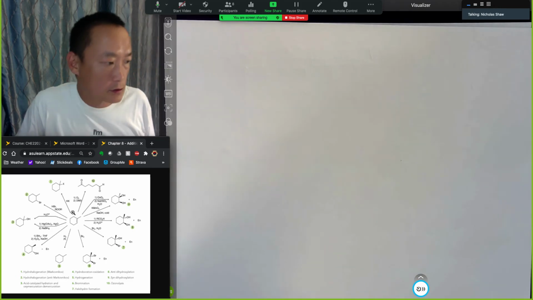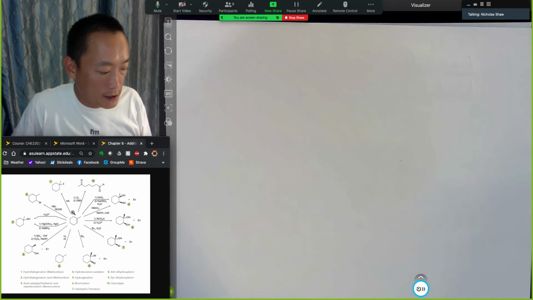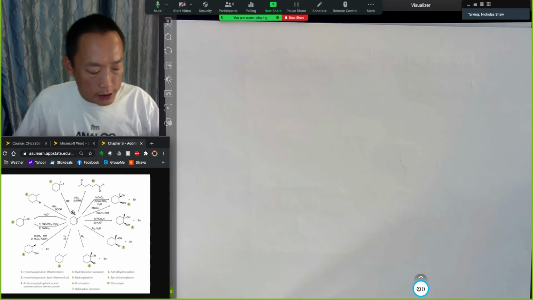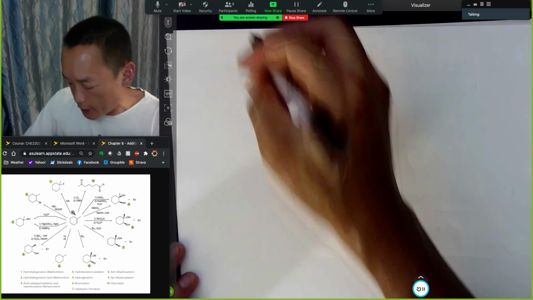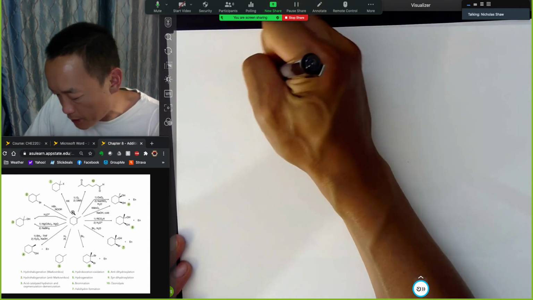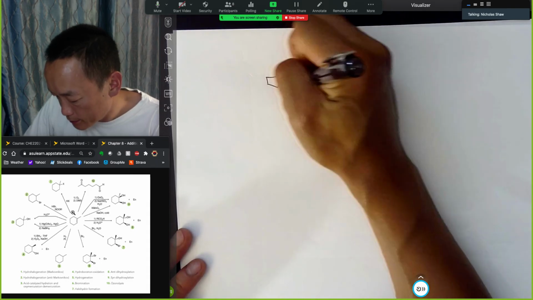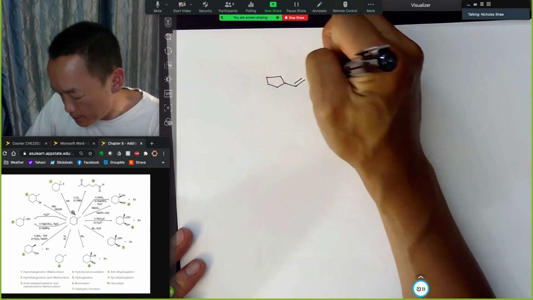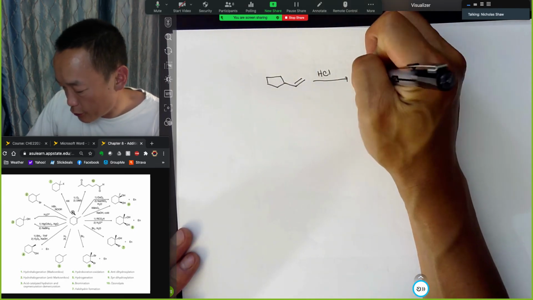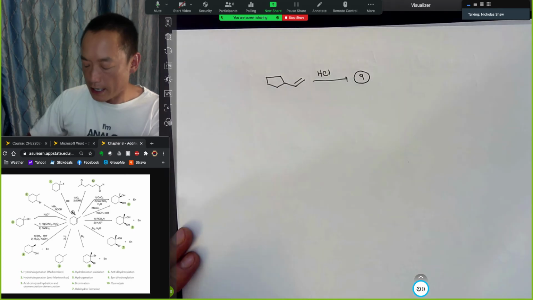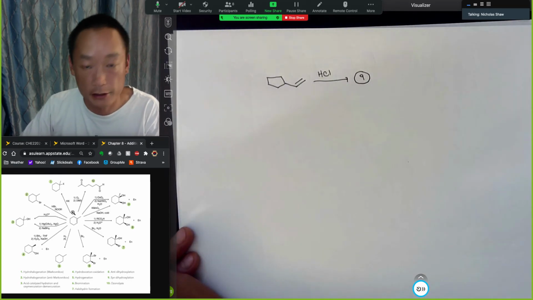Since we've only got a few more minutes, I'll utilize the time as effectively as I can. Let's just talk about how, on an examination, you might see something that looks like this, and it says HCl addition, and it says question 9, and all I'm really asking you is to predict the product that was formed from this reaction.